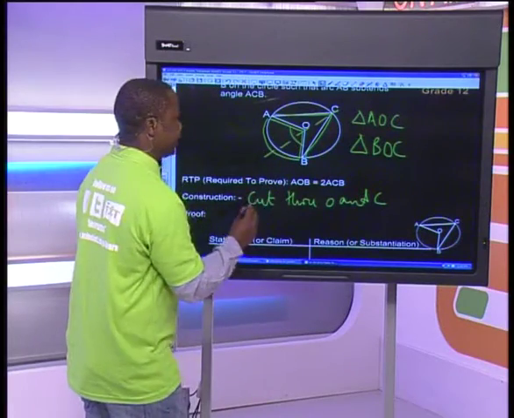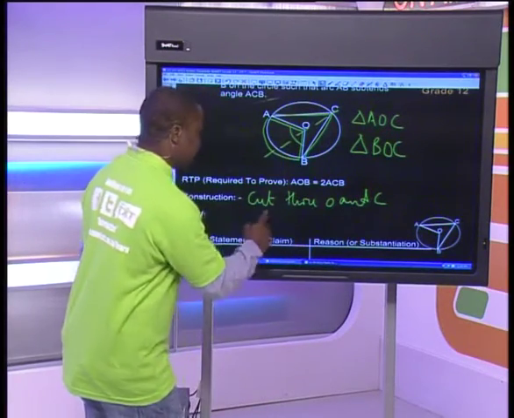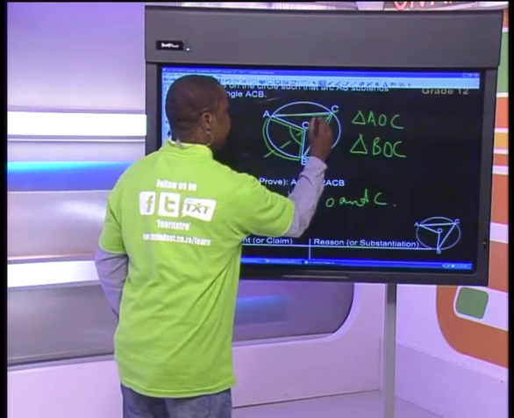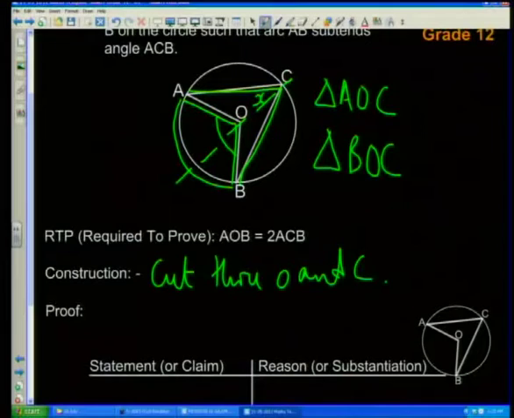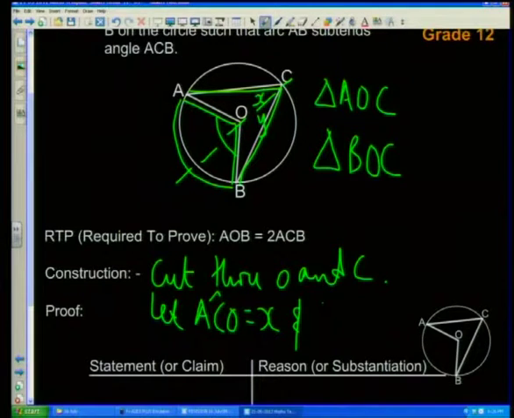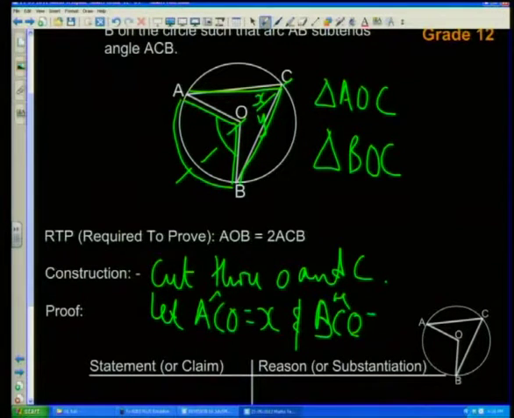So in this case, let us, in the construction, also specify that, let's say we name this angle X, and we name that one Y. So let angle ACO equal to X, and angle BCO equals Y. Right?